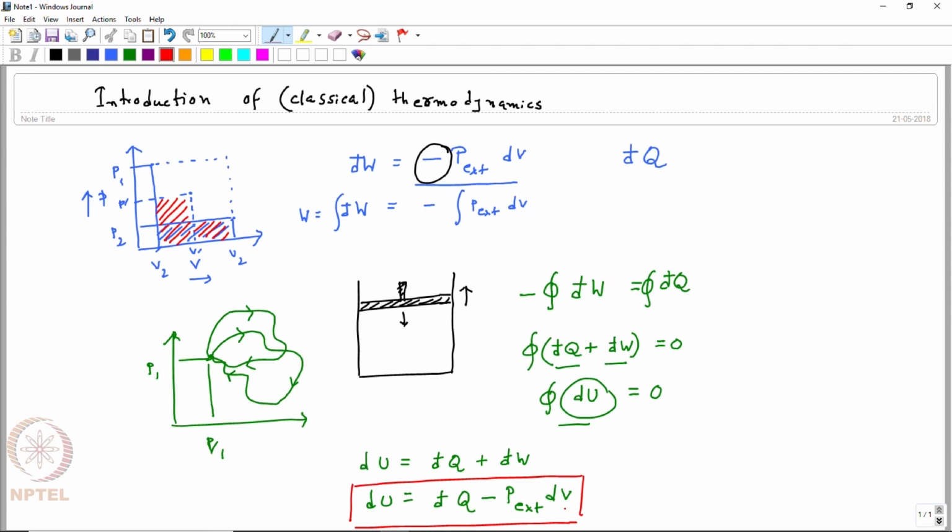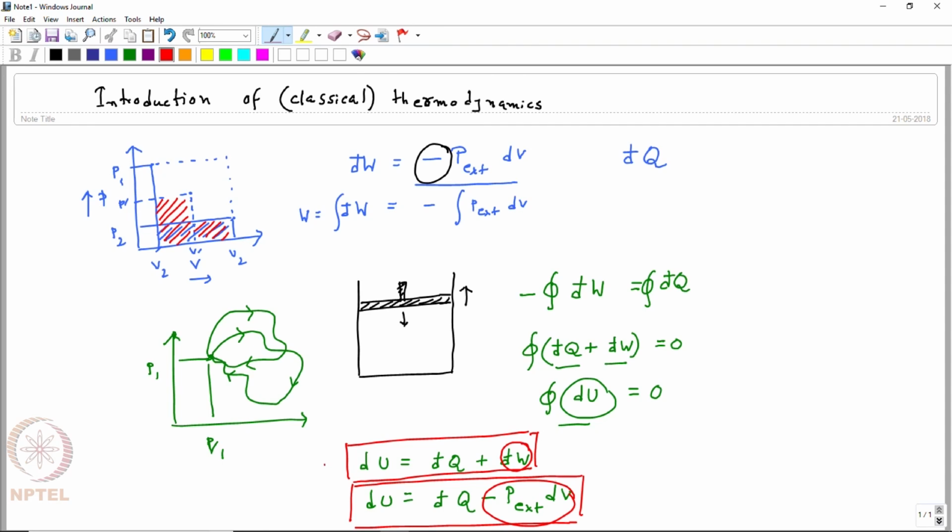Like this expression is exact: du is equal to d cross w plus d cross q, and for d cross w we are replacing it by minus p external into dv, assuming that all the work is basically mechanical work, pressure volume work.